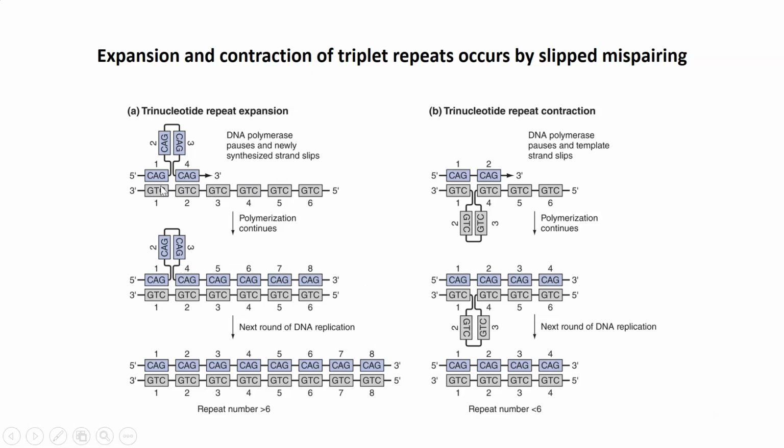If that happens, if you start with 6 repeats and it loops out with only 2 repeats in the loop, you end up with a product strand that now has 8 repeats. So that can happen during replication, and expansion of trinucleotide repeats is a spontaneous mechanism of mutation.